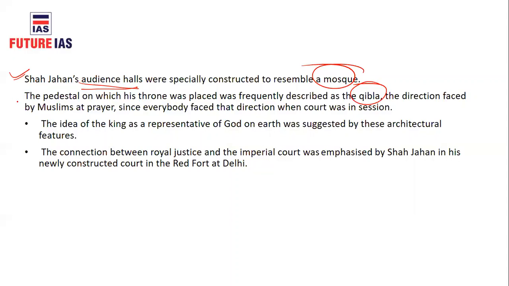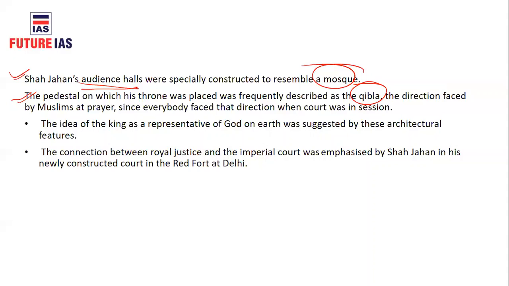So what does qibla mean? Qibla means the direction in which devotees face during prayer. For example, if they perform namaz in the mosque, they face a particular direction, towards God.